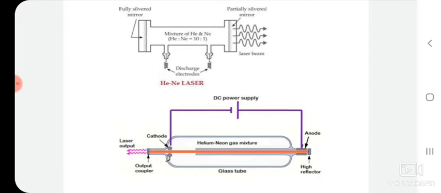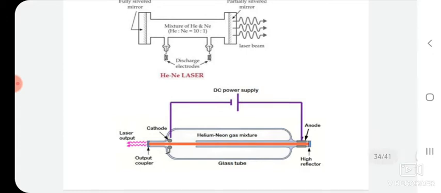A mixture of about 10 parts of helium and 1 part of neon at a low pressure is placed in a glass tube that has parallel mirrors, one of them partially transparent, at both ends. The spacing of these mirrors is again equal to an integral number of half wavelengths of the laser light.